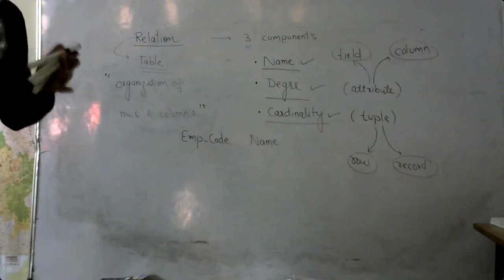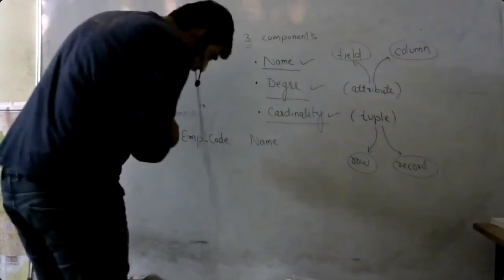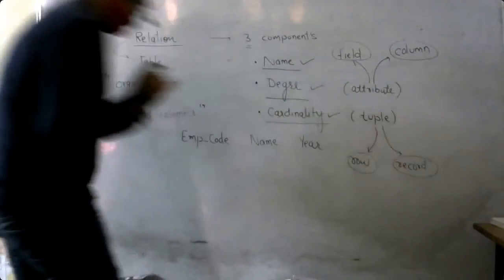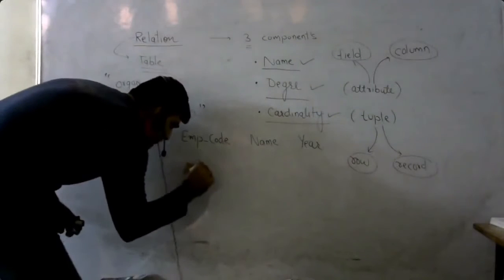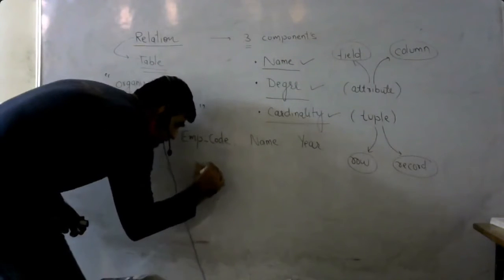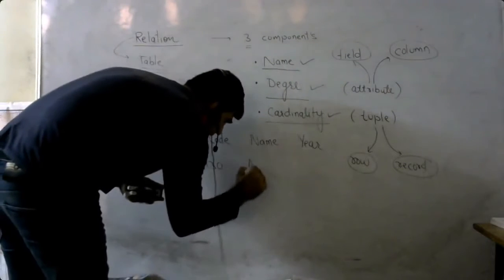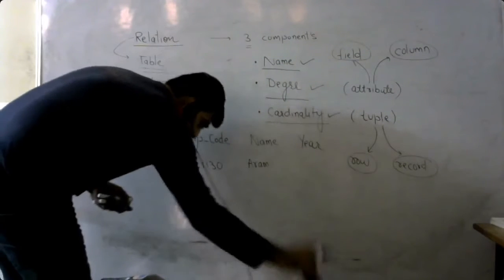If it is a standard organization, then every employee will be given a unique code, a name, and the number of years he or she is working over there. So let's take an example. The employee code here is 21130, and the name is Amarjan. Whatever name you want to give.